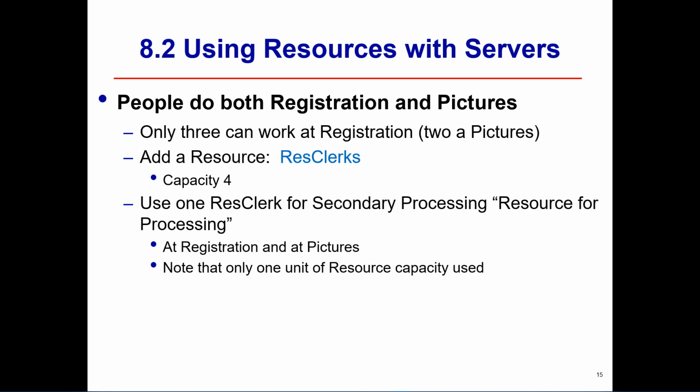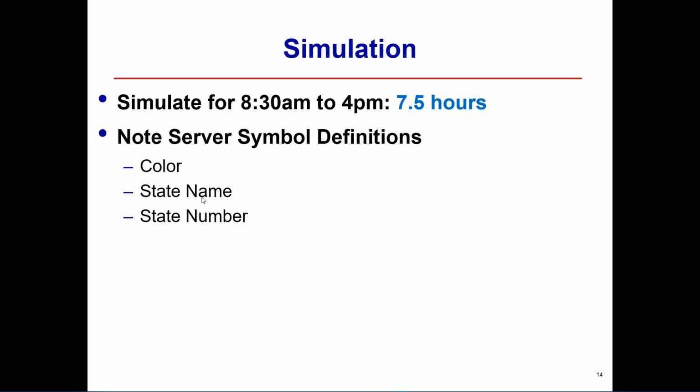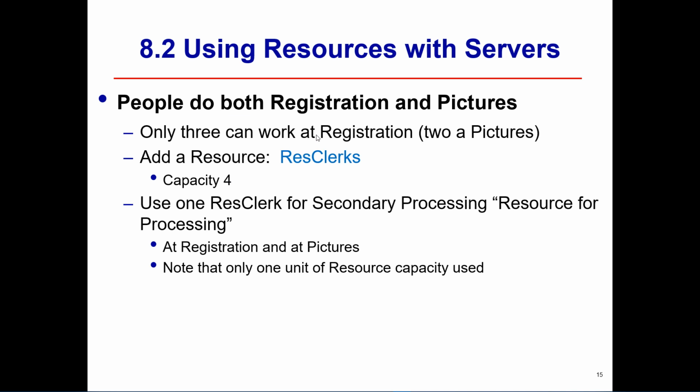We need to change the registration area capacity from 2 to 3, and add another resource called clerk, with a capacity of 4, and use the resource clerk as the secondary resource at the registration and at the picture section.